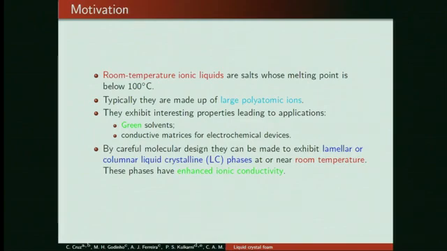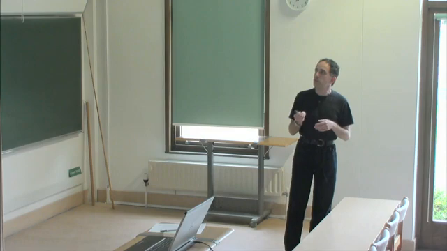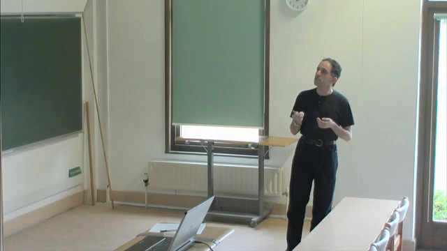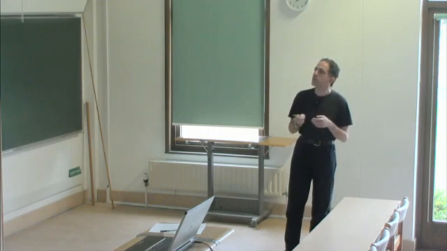And typically these room temperature ionic liquids are made up of large polyatomic ions, including carbon chains. One of the reasons why people are interested in them is that they are ionic liquids but have low boiling points. They have some interesting potential applications, such as green solvents for industrial processes, conductive matrices for electrochemical devices, and a few other fun things.